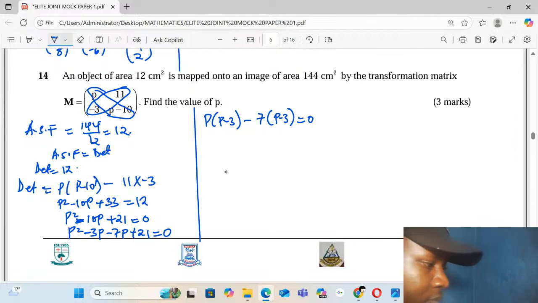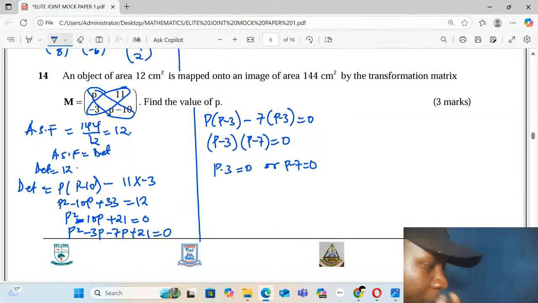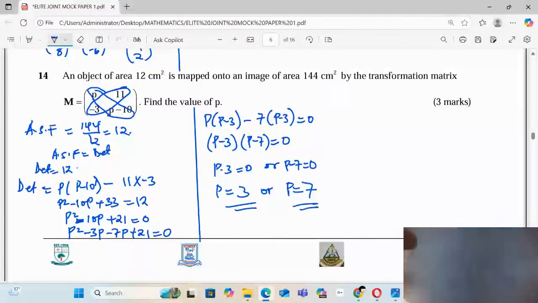Now we take one bracket which is P minus 3, and the other which is P minus 7, equals 0. So it's either P is equal to 3 or P is equal to 7. That is now 14.